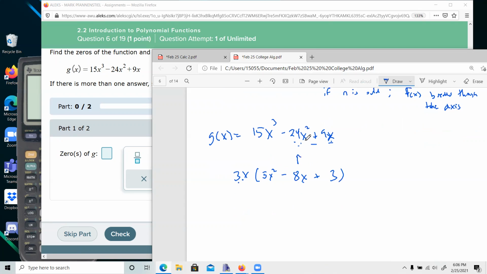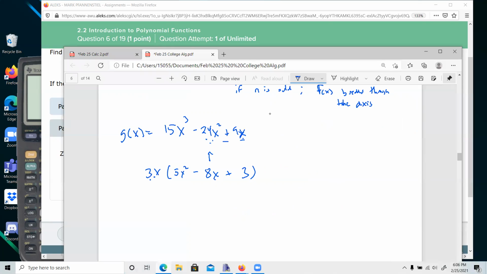Now, some of you, I'm sure, have seen this taught in a slightly different way than I see it in math 970, 980. If you haven't, this technique is called the AC method of factoring.